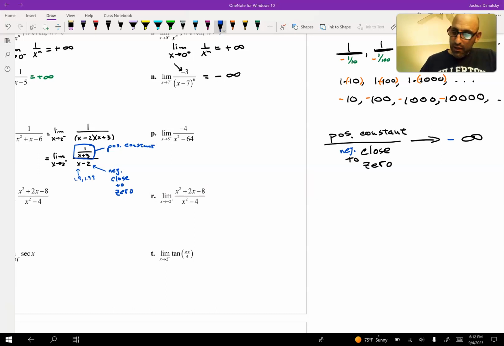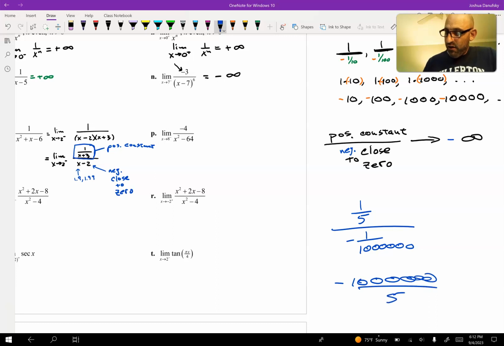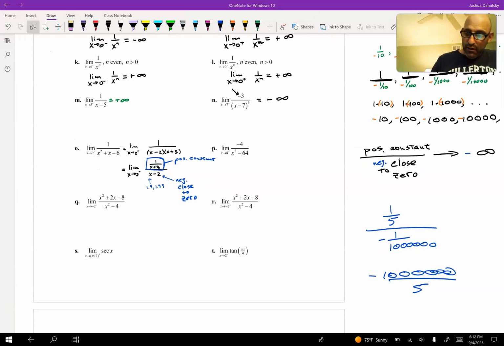Again, the way you can think of it is if you had that, let's say 1/5-ish on top, and you plugged in 1.99999, however many 9s, subtracting 2, you have a negative 1 over a bunch of these guys, right? And when you multiply by the reciprocal, you're going to have negative some big number divided by 5, which is still a very large negative number. So we are approaching negative infinity in this case.